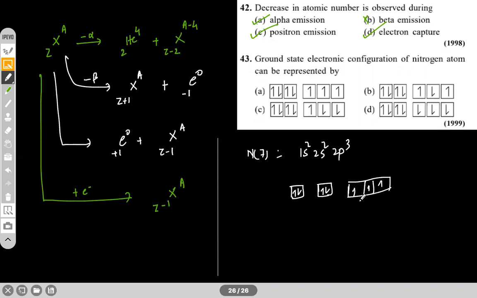Right? Hence, this is not possible because the spin is either clockwise or anti-clockwise, correct? So this is also correct, and this is also correct. A and D both are correct in this one.